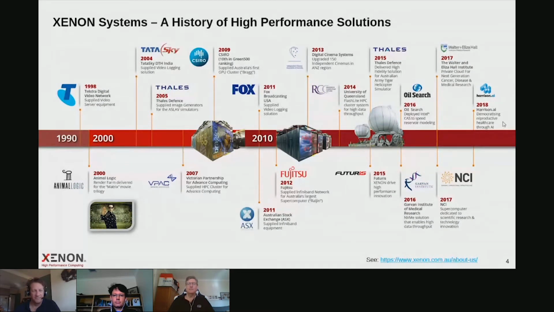Thank you, Werner. Thanks, John. And maybe just to add to the timeline here, while we have this nice overview of XENON systems, we have a long history in high performance computing, not only in the classical sense of HPC centers like NCI or CSIRO or others, but we've also been working with industry and large corporations on other workloads like render farms, for example.